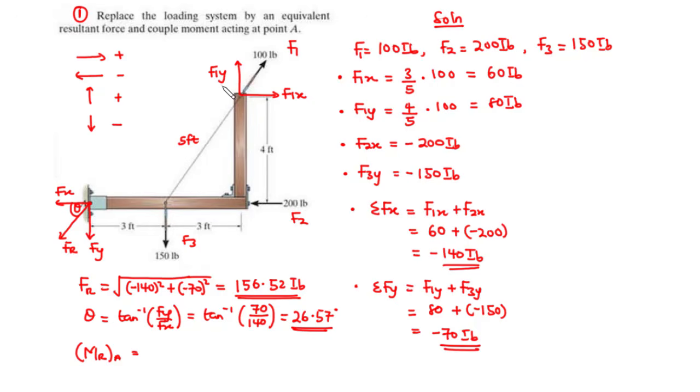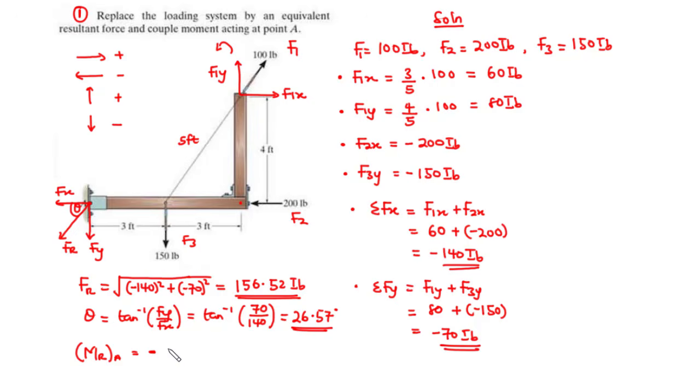So for F1y, we have the line of action extending through to this point. Therefore, we need to move in the anticlockwise direction. Now, anticlockwise moment becomes negative, and then clockwise moments are positive. And so we are going to have a negative value for F1y.